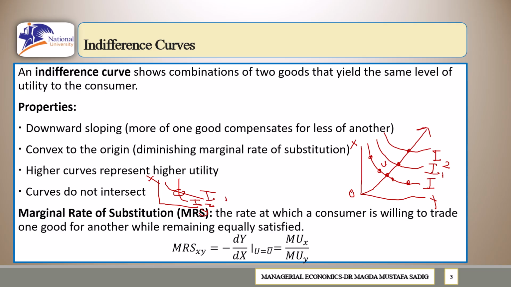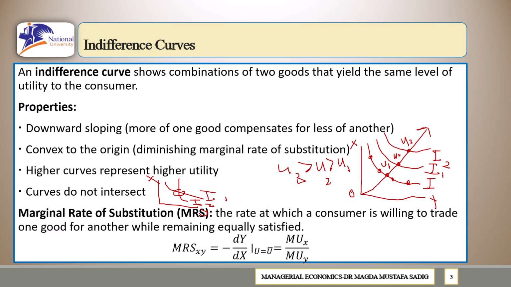So if we have U1, U2, and U3, U3 is larger than U2, which is larger than U1. Indifference curves never intersect. If they crossed, consumer preferences would become inconsistent, which violates the assumption of rational behavior.